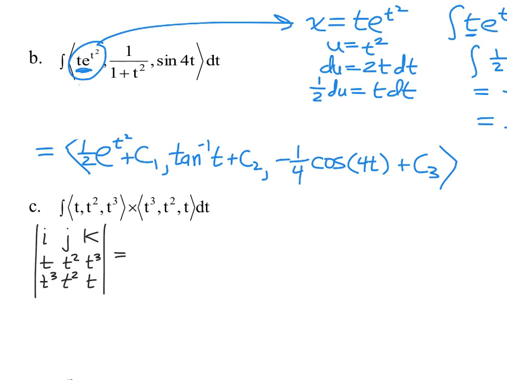So the i part is going to be t cubed minus t to the 5th. Minus the j part, t squared minus t to the 6th.